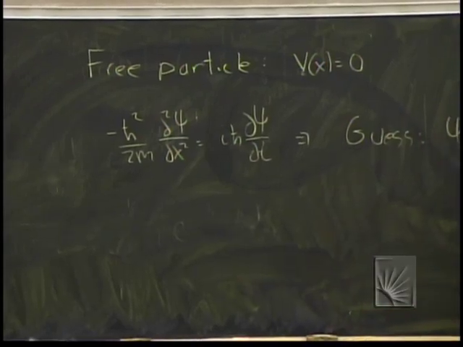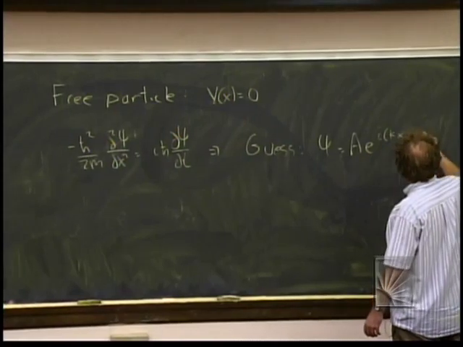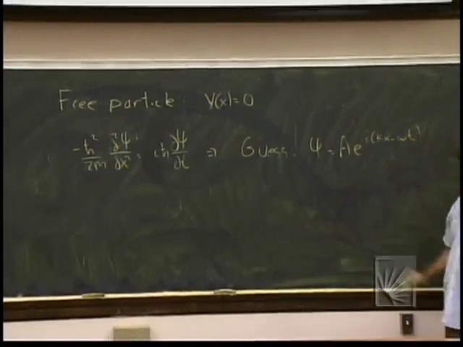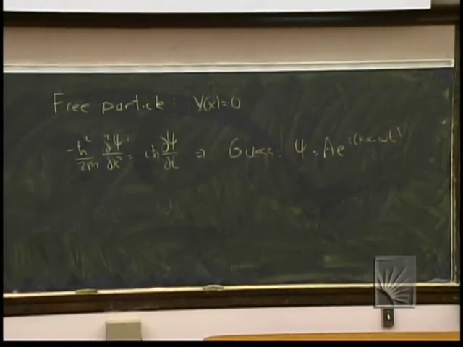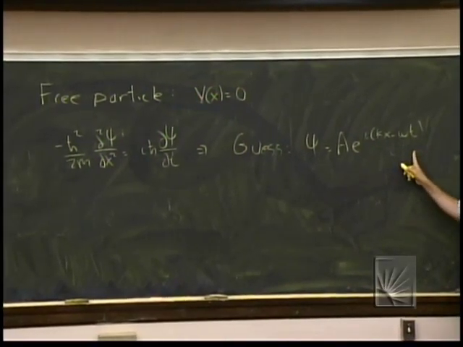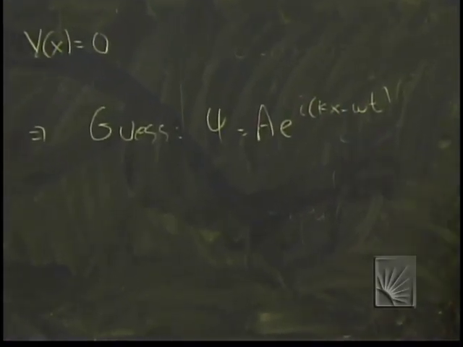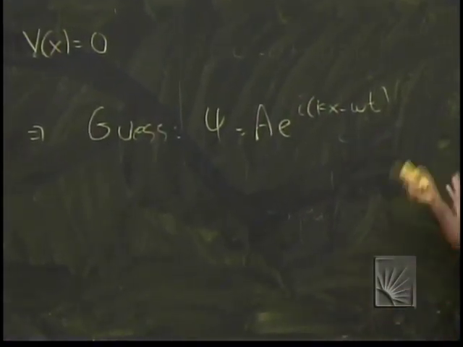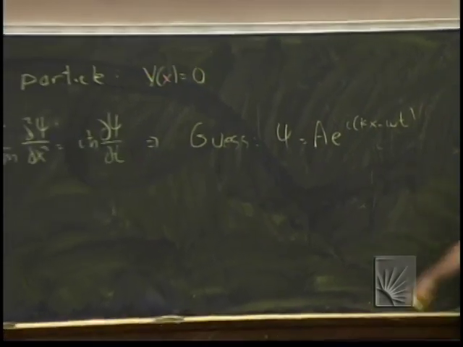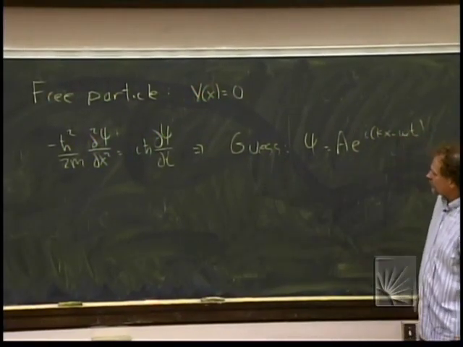I'm going to guess that the solution is e to the i(kx minus omega t). And of course, we're taking baby steps here. Of course, that's the solution. In fact, if you remember, I constructed the Schrodinger's equation by starting with this and working the other way. But fine, pretend we hadn't done that. Pretend Monday didn't exist. I just gave you Schrodinger's equation. Here it is with no potential.